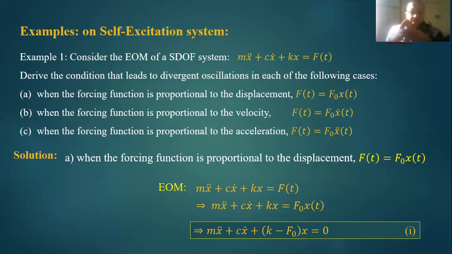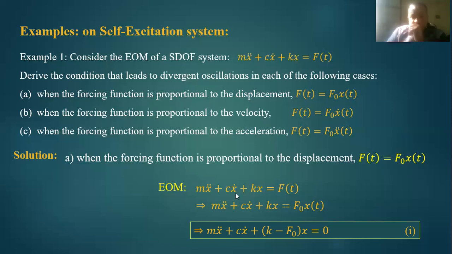Okay. So now let's consider the first case, when the forcing function is proportional to displacement. The forcing function f of t is equal to f naught x of t.